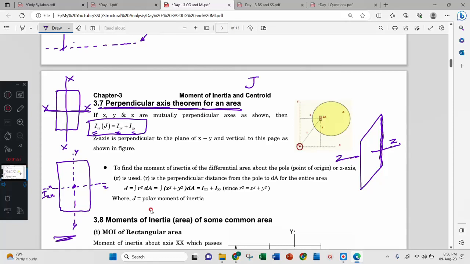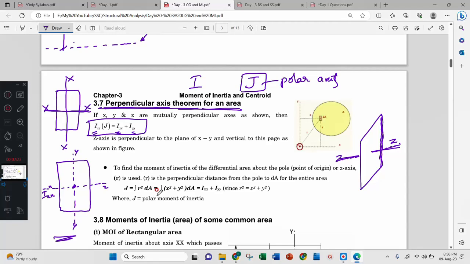J means the perpendicular axis and I is the central either x-axis or y-axis. Right? J is the moment of inertia in the central axis, perpendicular, that is the polar axis. We have another name called the polar axis. Like this looks like a pole, no? This looks like a pole which is inserted in the section.